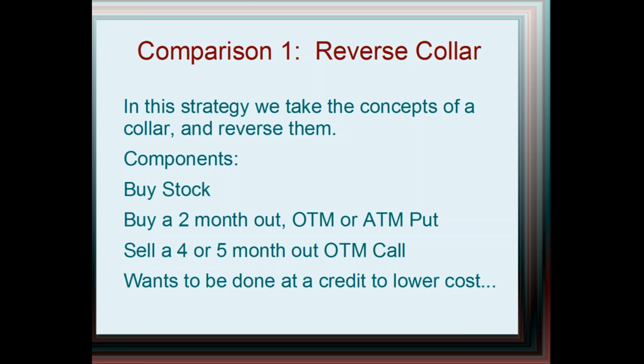In a reverse collar, you take the general concepts of a collar and reverse them. Now, a standard collar, again, talking about AEIS, if it was trading at 62.42 today, what I might do is buy the stock, and on March 2nd, for example, I might have sold an April 62.50 call for, let's say, $1.